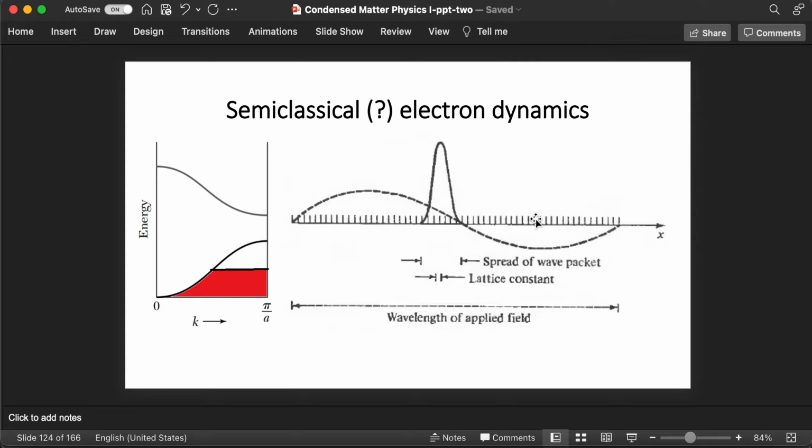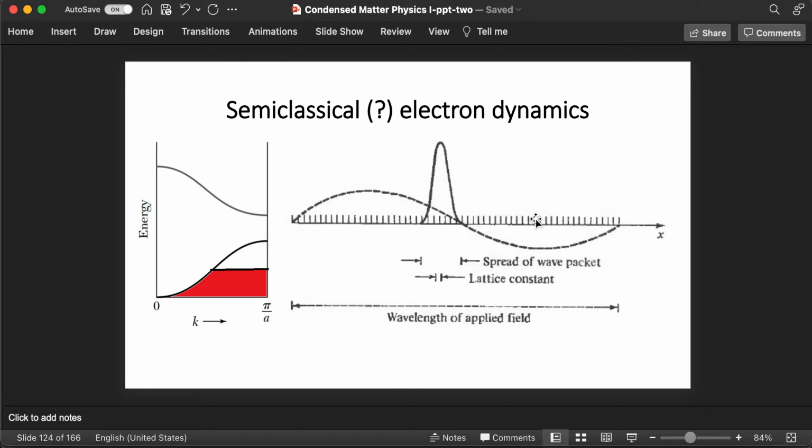You cannot treat it as a free electron, and therefore you need to use quantum mechanics to consider the effects of that periodic potential, and that's what we did. We solved the Schrodinger equation to study the properties of the Bloch electron and so on.